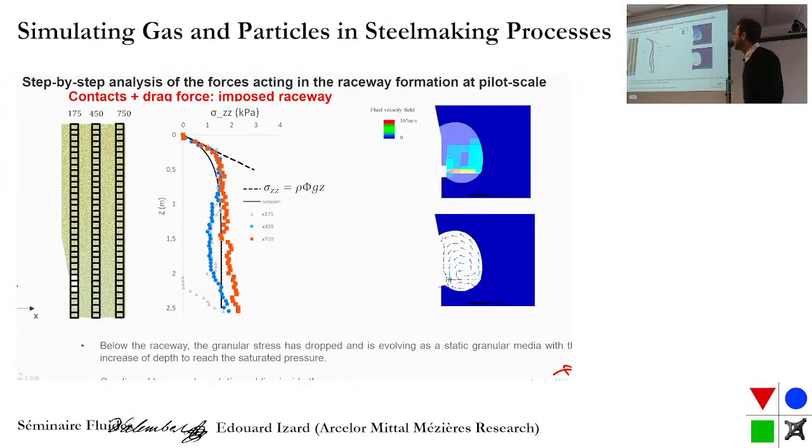So here first, if we look at the distribution of the constraints in the fixed cavity, so we impose the raceway with the wall, we inject the gas, and we measure the different contributions. On the left side, you have some profile of the constraints on the granular material.